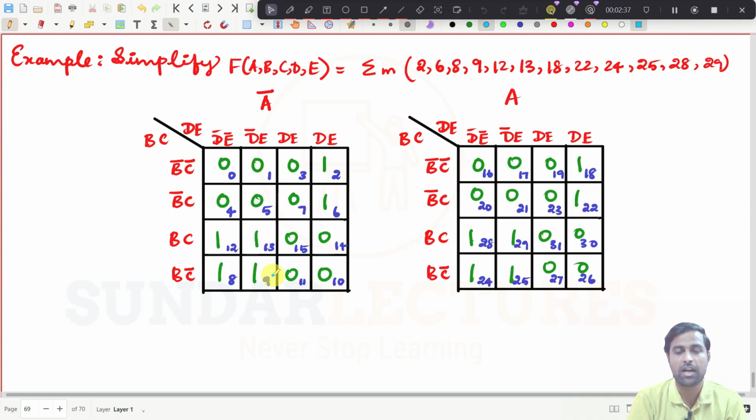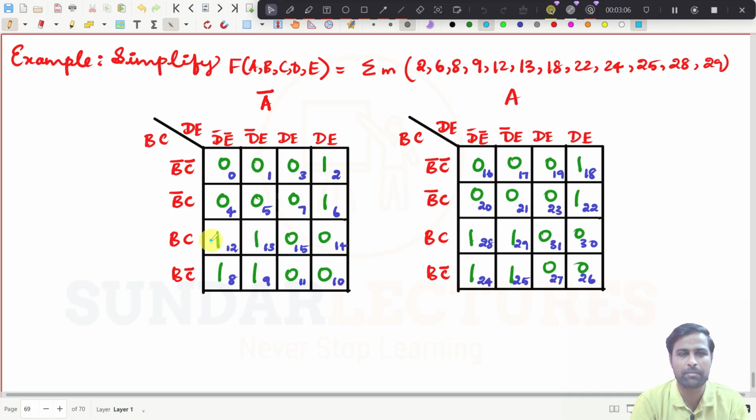If you found a quad, then what you need to do, you have to check whether the same cells in the A K map have the same 4 ones. If it is so, then just imagine you put a stack like this and these 4 cells here have 1.